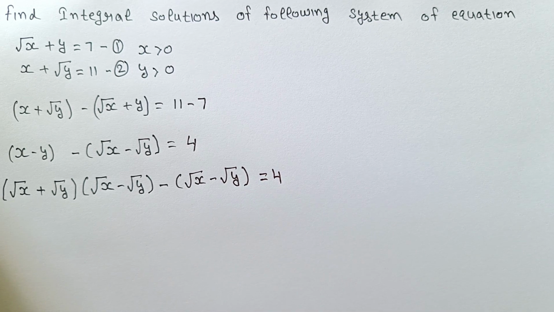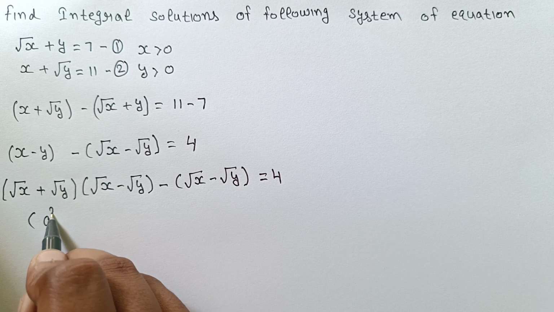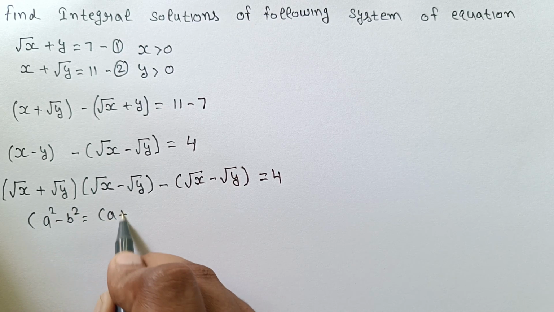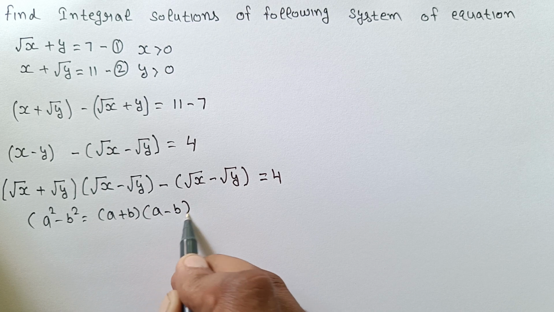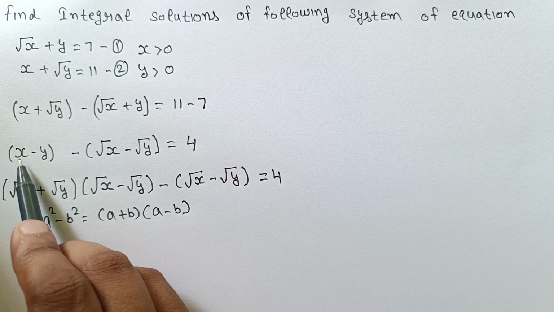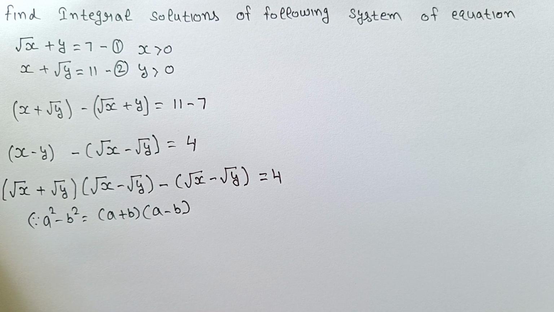So which identity did I use? I used the identity a square minus b square is equal to a plus b times a minus b. That means I put x as root x whole square and y as root y whole square.